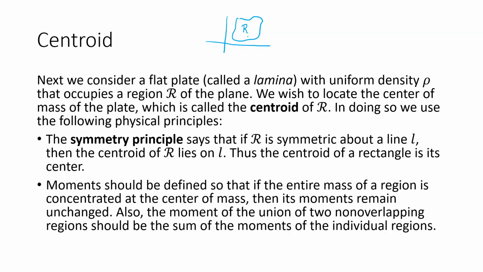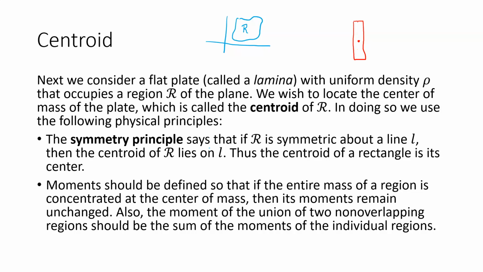First is the symmetry principle, which says that if I have a region which is symmetric, for instance, say a rectangle, then the center of mass is going to lie in the middle of that rectangle, for instance, here.